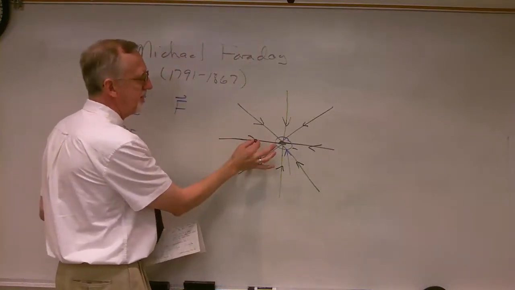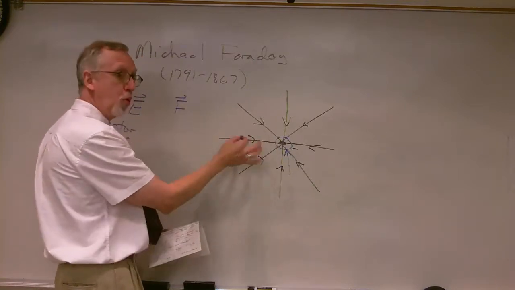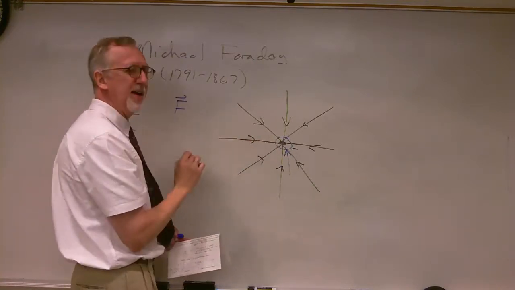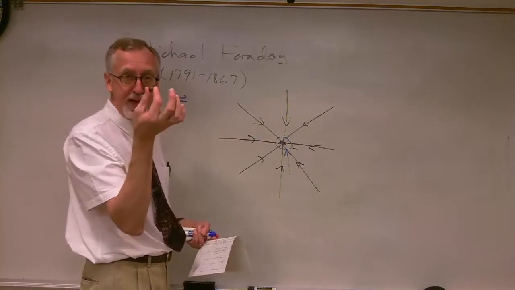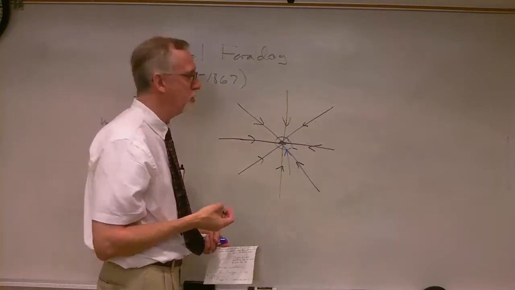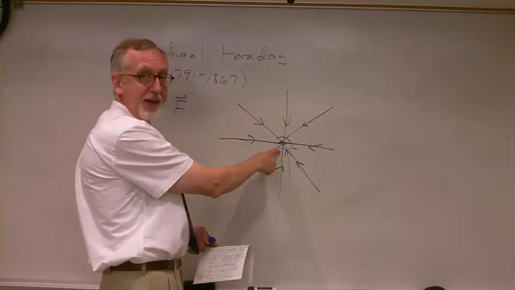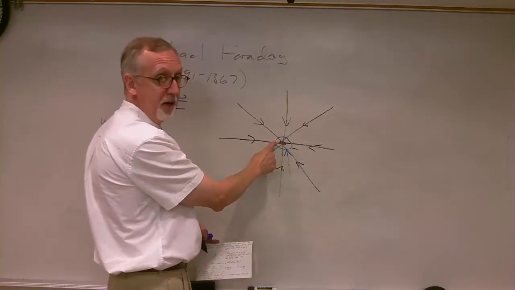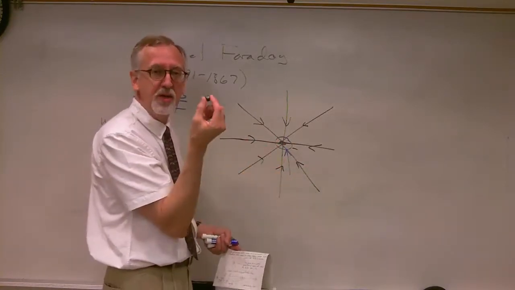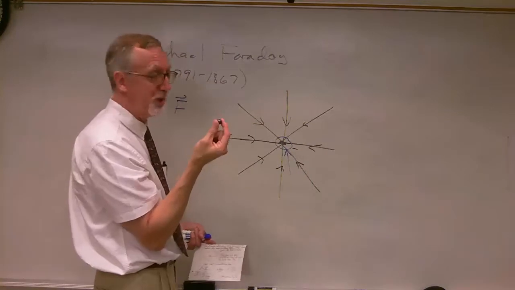We don't want the electric field to depend on the specific test charge we use. We want it to be created by this charge here and have nothing to do with what particular test charge we use.